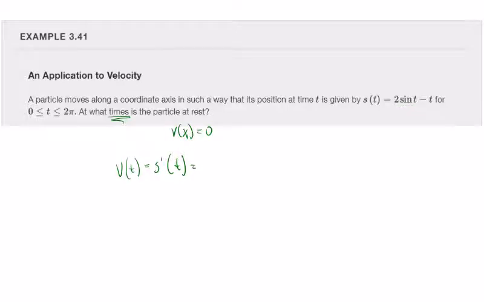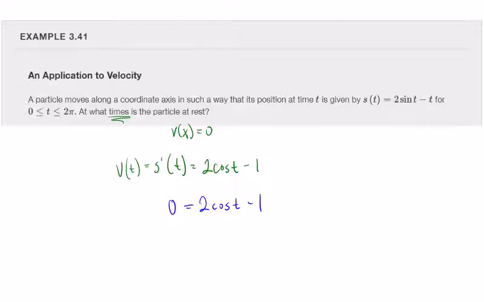So the derivative of 2 sine of t is going to be 2 cosine of t. And the derivative of negative t is going to be negative 1. Okay, so that's our derivative, or our velocity function. Now what we want to do is set it equal to 0. When does this function equal 0?